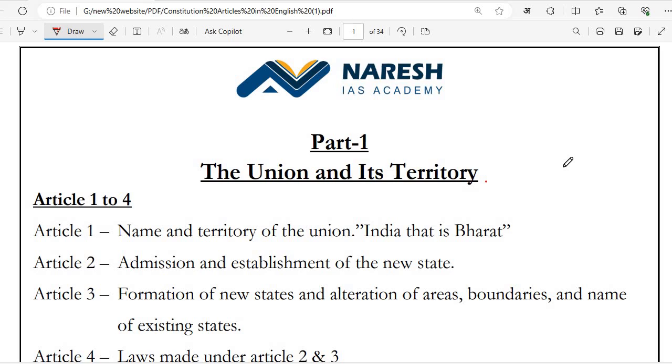Initially there were 395 articles in the original Constitution and 8 schedules, but now the number of articles has increased to more than 400 and the schedules are 12.